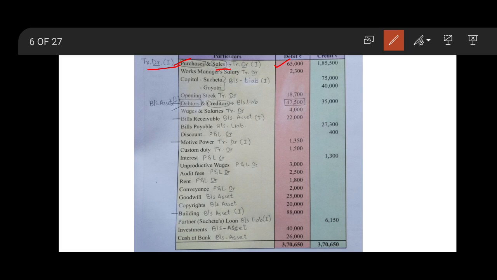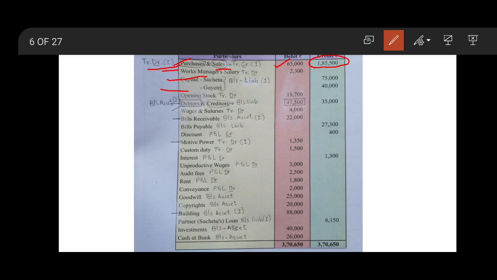Sales, trading account credit side in the inner column, carrying 1,85,500, inner column as we deduct sales return out of it. Next is works manager's salary, trading account debit side. Capital of Sucheta and Gayatri goes to the balance sheet liability side in the inner column. As we also go here in the capital balance of Sucheta and Gayatri, we add net profit in this.